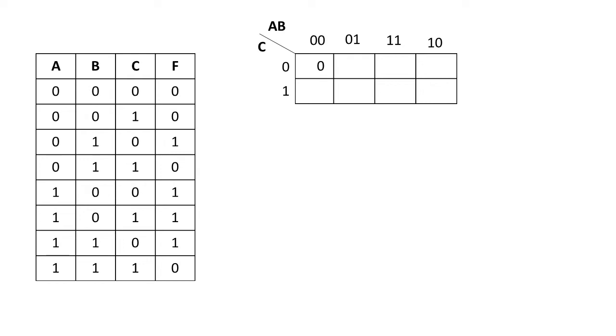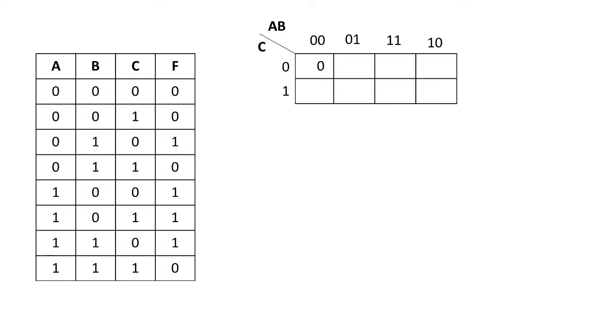Now let us move to the second row. Let us find where AB is 0 in the K-map. We can observe AB is 0 in the first column of both rows, the first row and the second row.